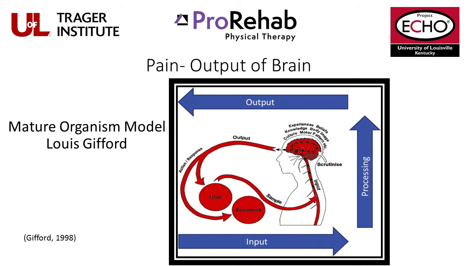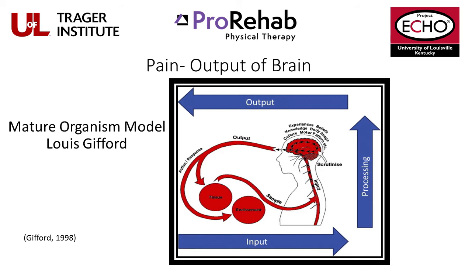From this picture, you can see that either from tissues or from the environment, there's input into the nervous system, and it's simply a signal at this point. We could call it a danger signal. That danger signal is sent up the spine to the brain, and in the brain, it's processed through a bunch of cognitive processes.